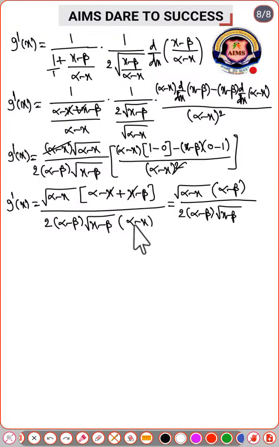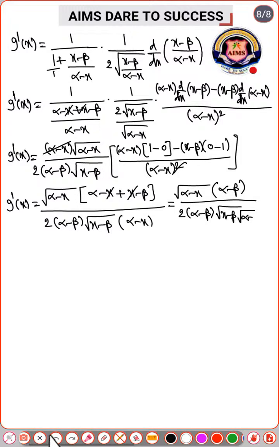Okay, so alpha minus x can be written as root alpha minus x, again root alpha minus x. Space is not sufficient, I can write root alpha minus x into alpha minus x. Okay, done.